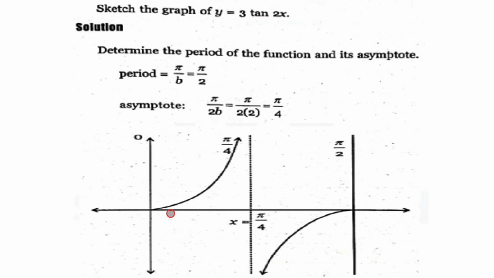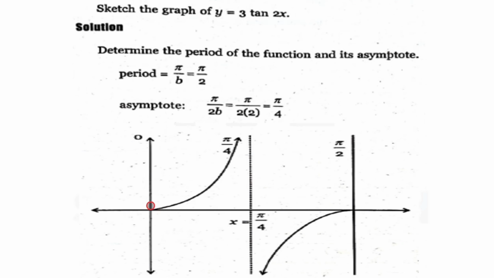This will be the graph of the tangent: one going up and one going down. This upward arrow will not touch this line, and also this one will not touch this line. Although it gets closer and closer, it will not touch because this whole line is an asymptote.